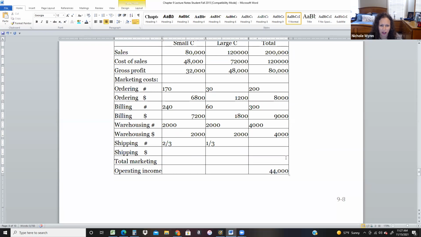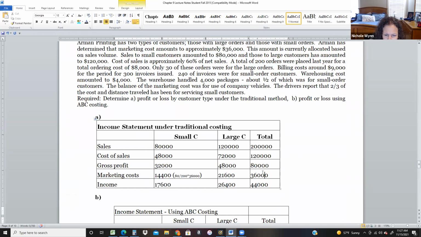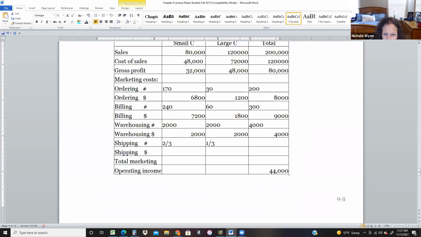The 44,000 is the net income. You guys got to stop me. You couldn't stop me because I'm making a video. 2/3 and 1/3 is right, but the total marketing cost was 36,000, not 44, because 80 minus 36 is 44.